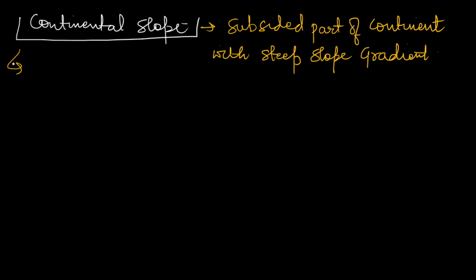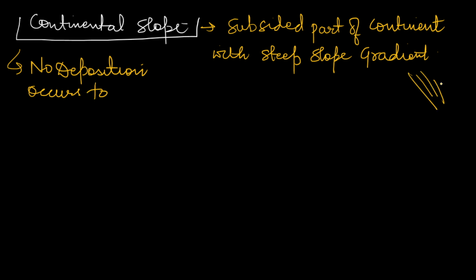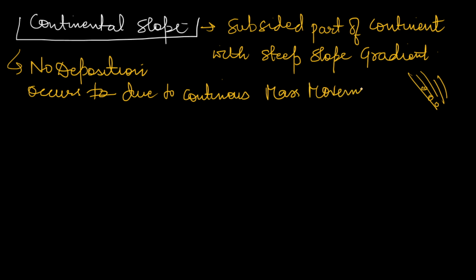Here you will find no deposition. No deposition occurs due to continuous mass movements, because the slope is steep, so there are continuous mass movements. Nothing can be deposited on this steep slope.